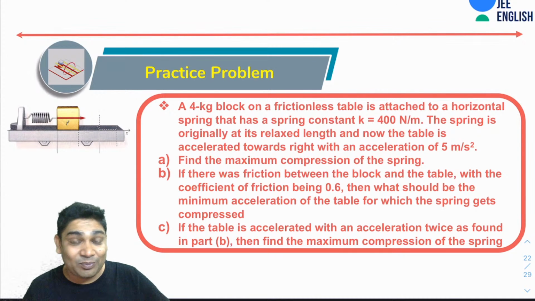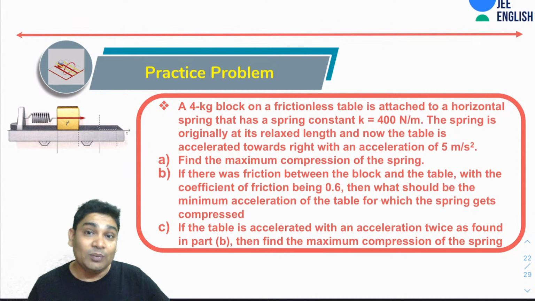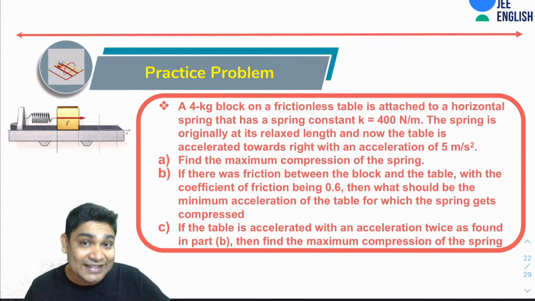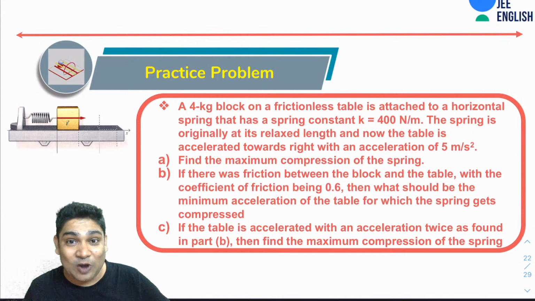So here is another problem. This problem would be very easy to solve using the concepts of work and energy. If you try to solve this problem with the help of Newton's laws, trust me, you will be in a lot of trouble. It would be very long, the solution. So let's talk about this.